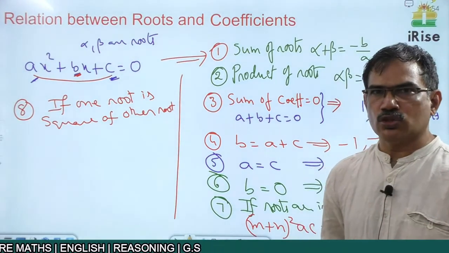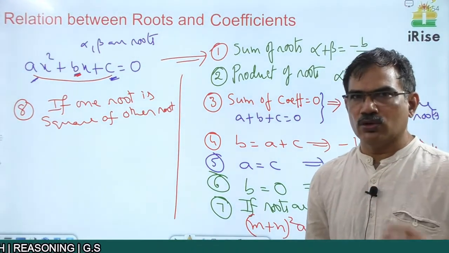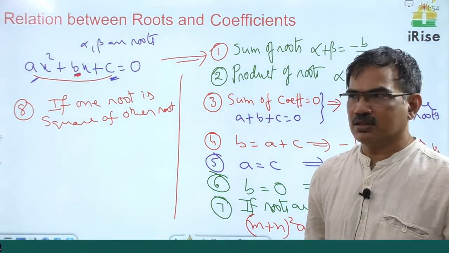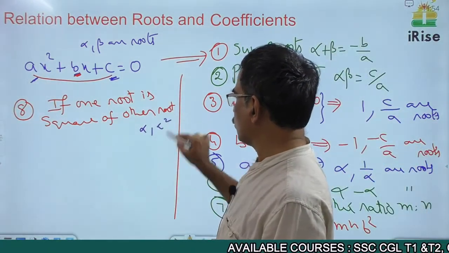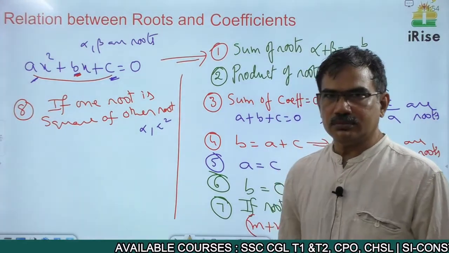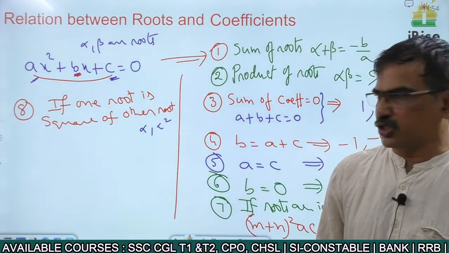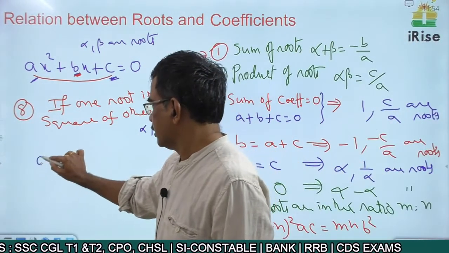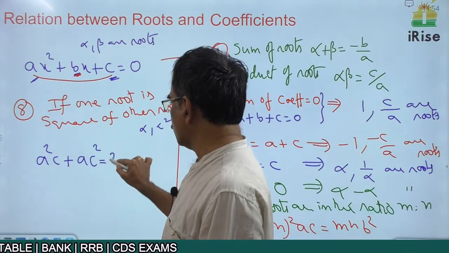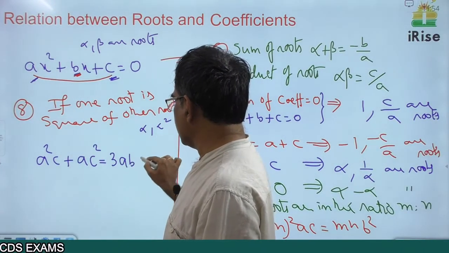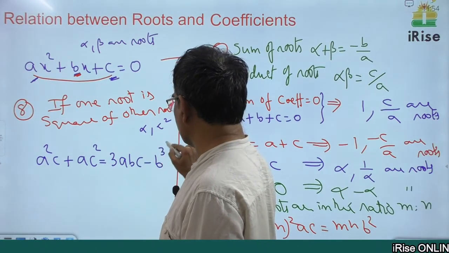If one root is 2, the second root is 4. If one root is 3, the second root is 9. So like that, if roots are alpha, alpha square, then what is the condition? The condition is a square c plus ac square is equal to 3abc minus b cube.